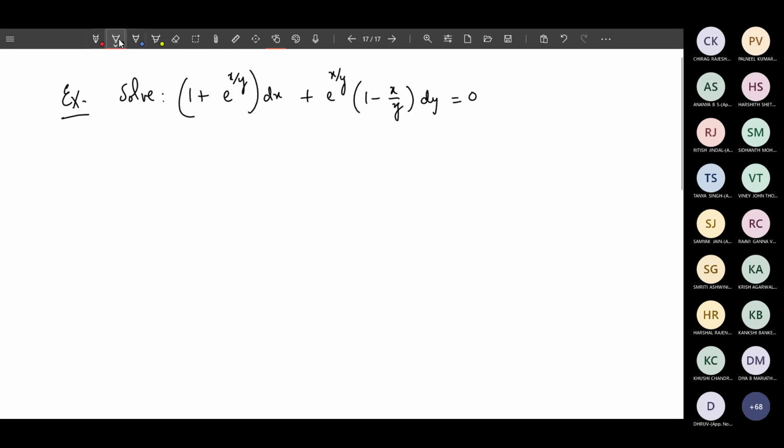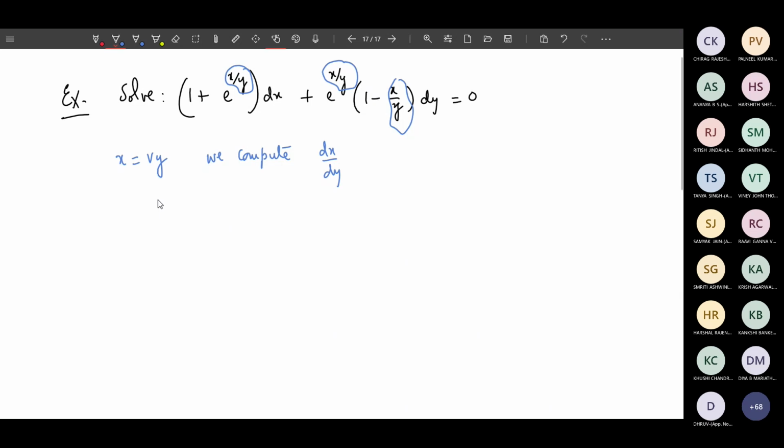Now if you look at this equation, x by y is a term you can see in it. So instead of y equal to vx, it is more convenient to take x equal to vy, the reverse way. In this case we need to compute dx by dy instead of dy by dx, and the rest of the procedure is the same.